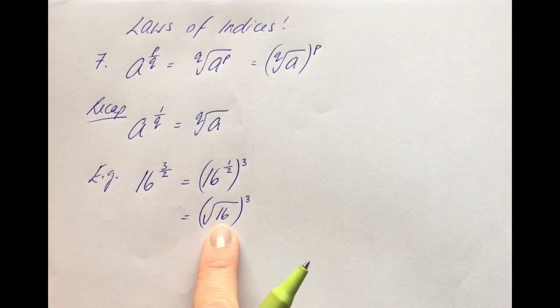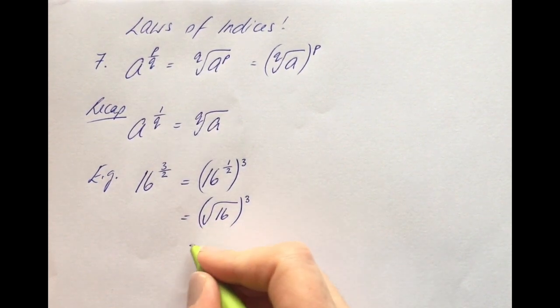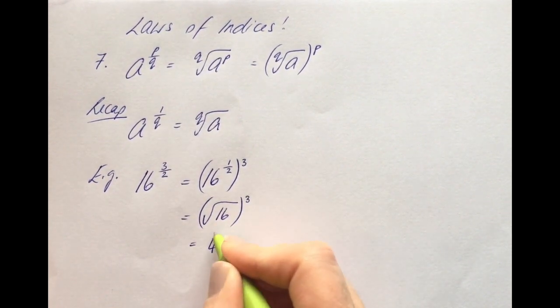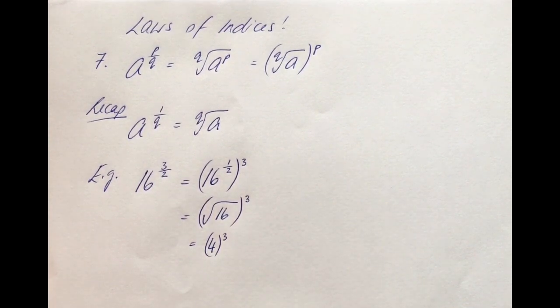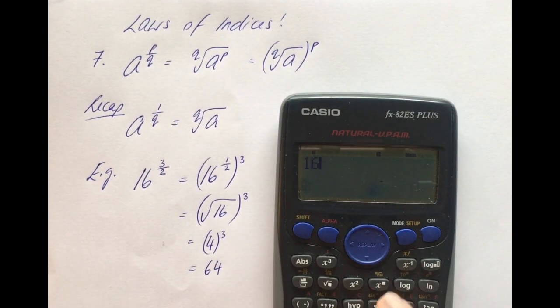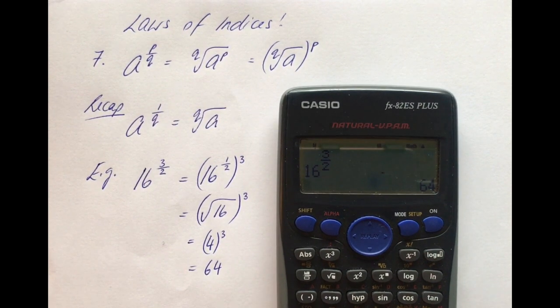And so the square root of 16 is working out to be 4. And now we'll do 4 cubed. And of course, 4 cubed is 4 times 4 times 4, which is 64. Okay, so 16 to the power of 3 over 2 is 64. Let's have a look at that on the calculator. So 16 to the power, we'll put in the fraction, 3 over 2 is equivalent to 64.